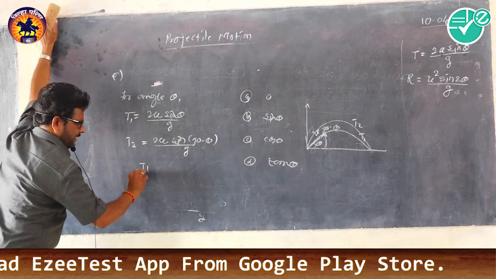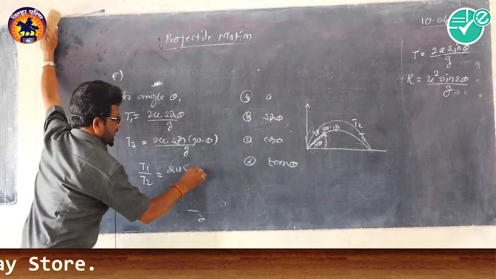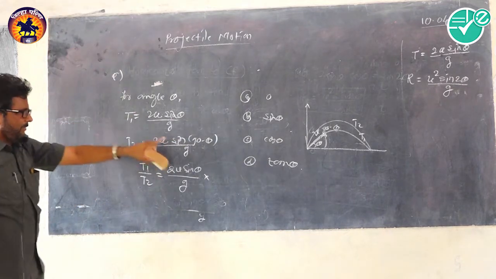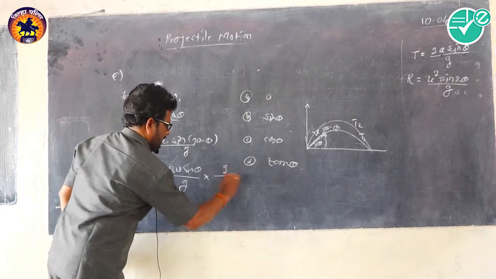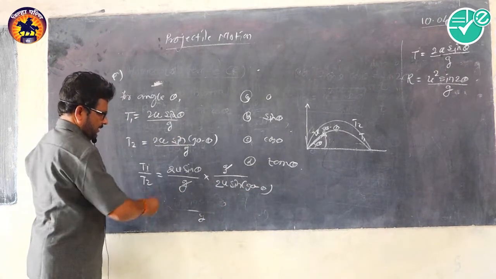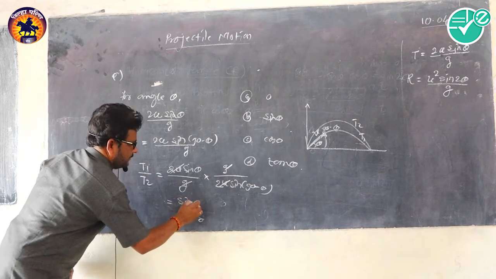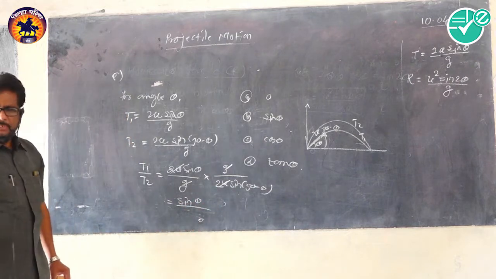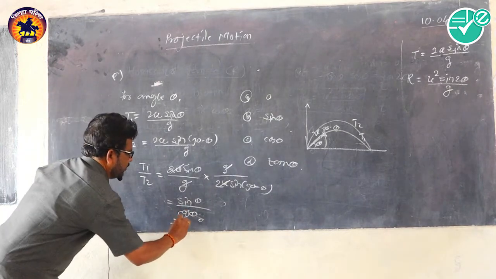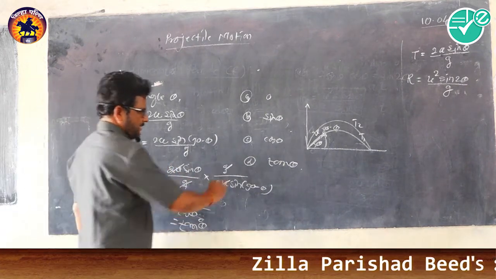Suppose you take the ratio t1 upon t2, so that it becomes 2u sin theta upon g, divided by, this means multiplied by, g upon 2u sin of 90 minus theta. g gets cancelled, 2u, 2u gets cancelled, so it means sin theta upon sin 90 minus theta, that is cos theta, and that is equal to tan theta. So option D is correct.